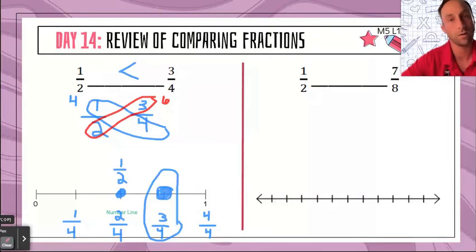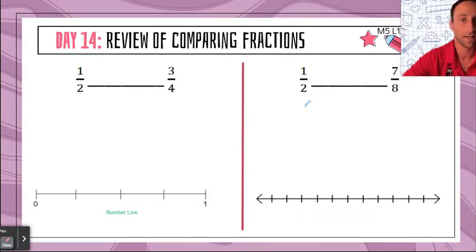Nice job there. Hopefully you guys are paying good attention to show you how to do both strategies. As we start on the next problem together, here I see 1/2 and I see 7/8. So let's cross multiply here. 2 times 7 is 14.